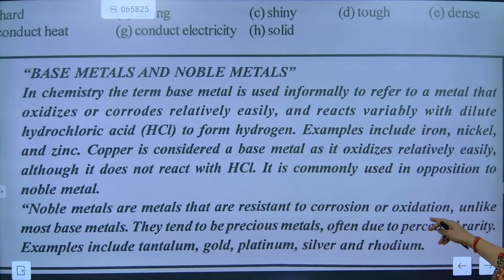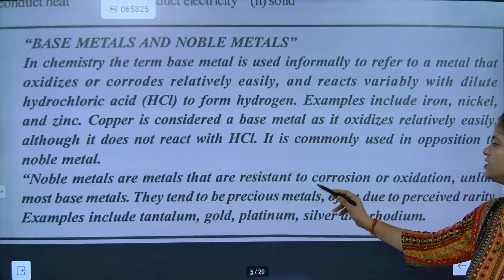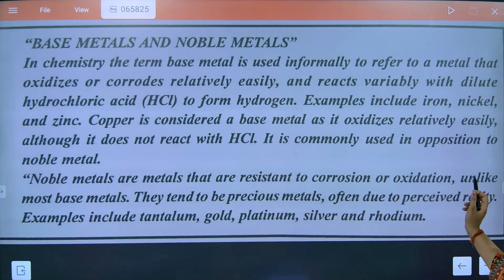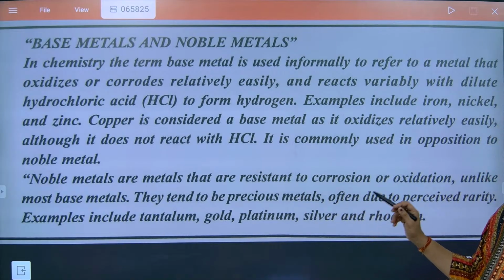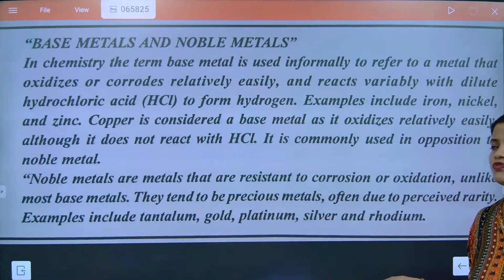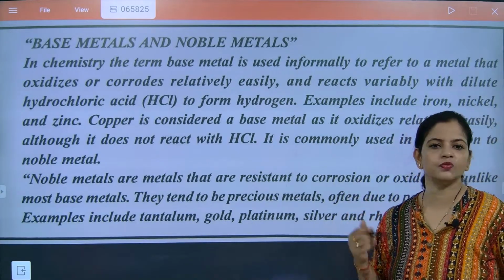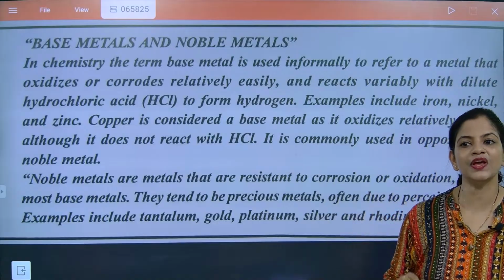Now noble metals are metals that are resistant to corrosion and oxidation, unlike most base metals. So what is the difference between noble metals and base metals? Noble metals will not corrode, but base metals will corrode.